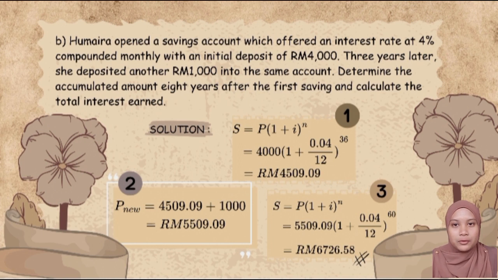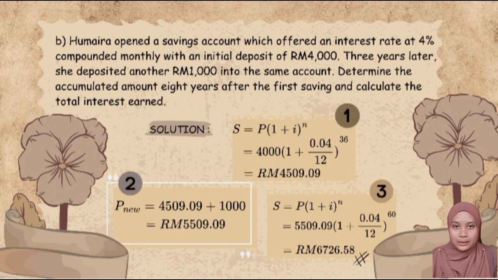After filling in all the information in the formula, we get the future value equal to 4,509.09. Next, we need to find the new principal value by adding S to the amount of money that she added to the account, which is 1,000 ringgit. And we get the answer 5,509.09.